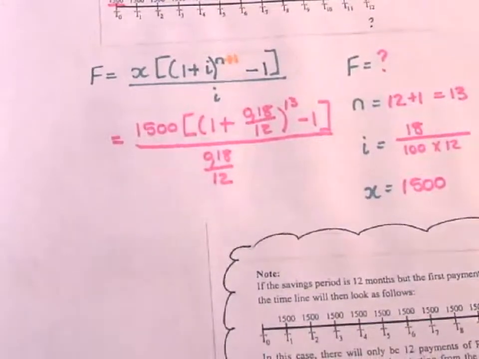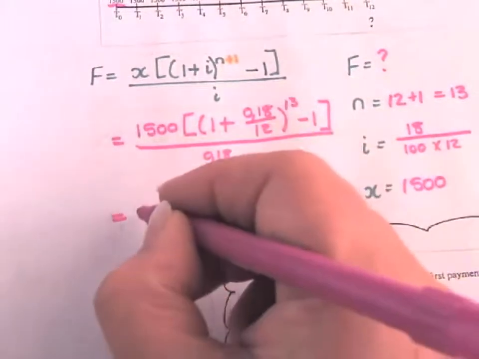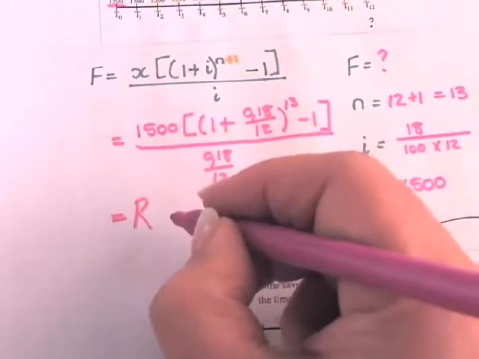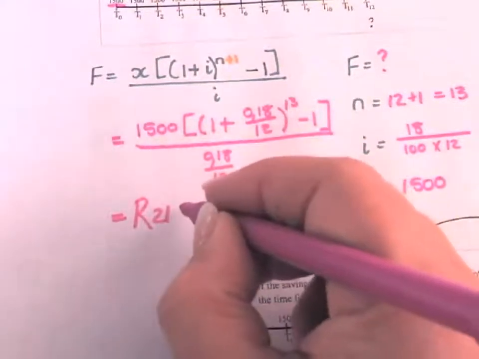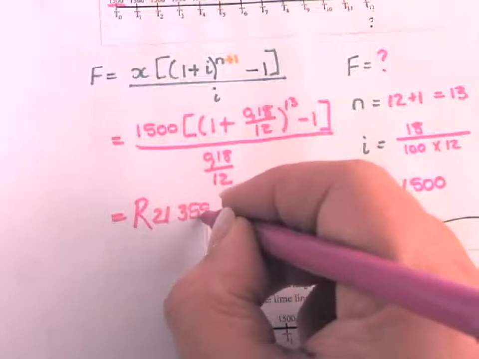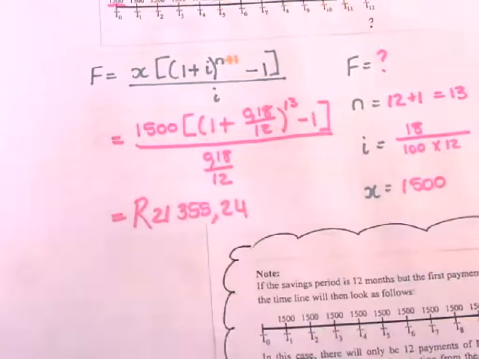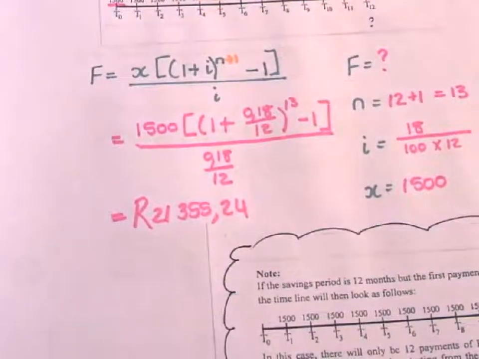And then when you calculate that, you get Rand 21,355 Rand and 24 cents. This example is on your notes. You can just add extra notes if you need.